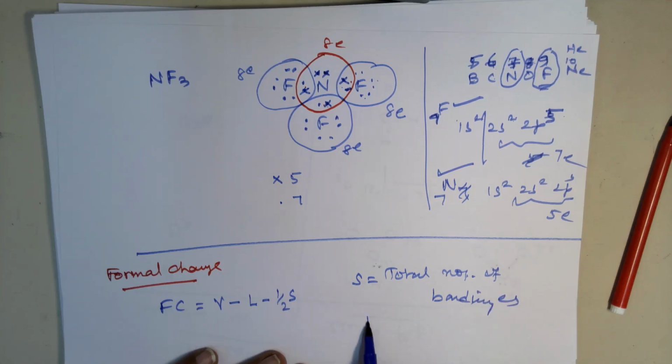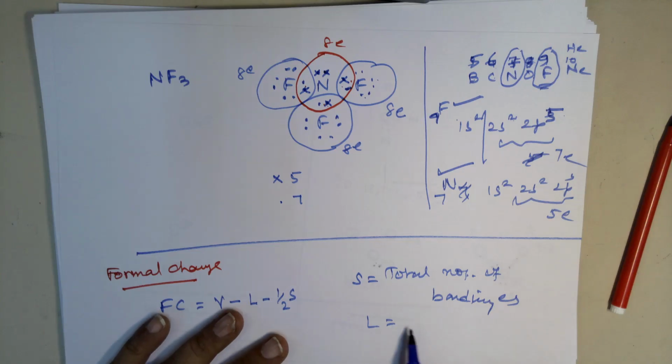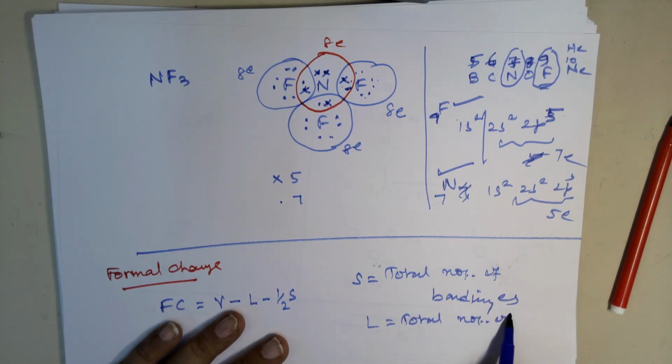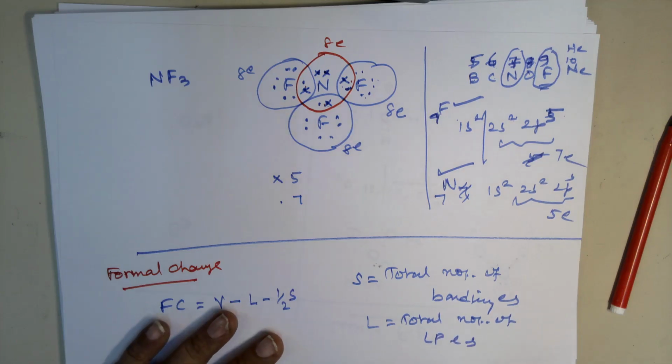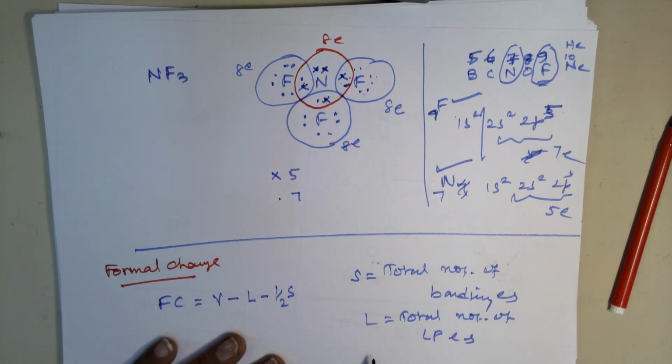What about L? L is the non-bonding electrons or lone pair of electrons, the total number of lone pair electrons. And what about the V? V is the total number of valence electrons.